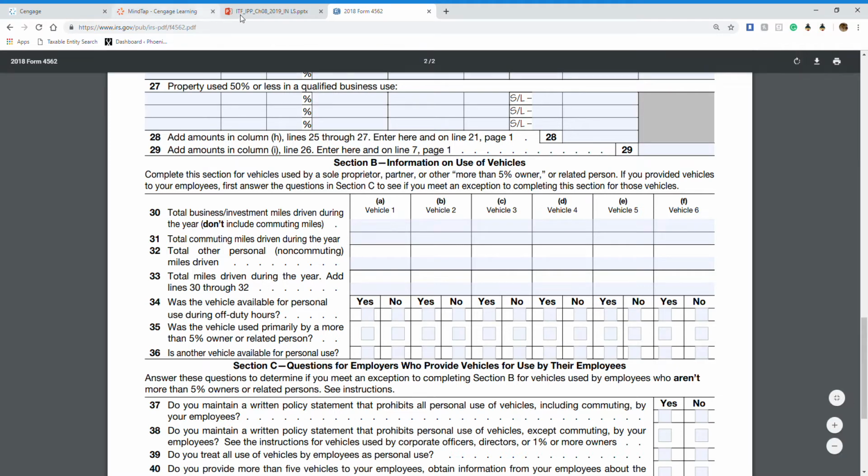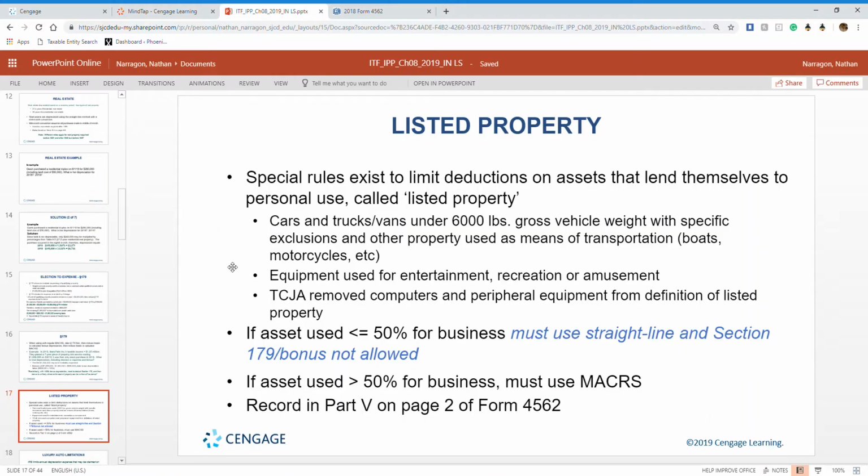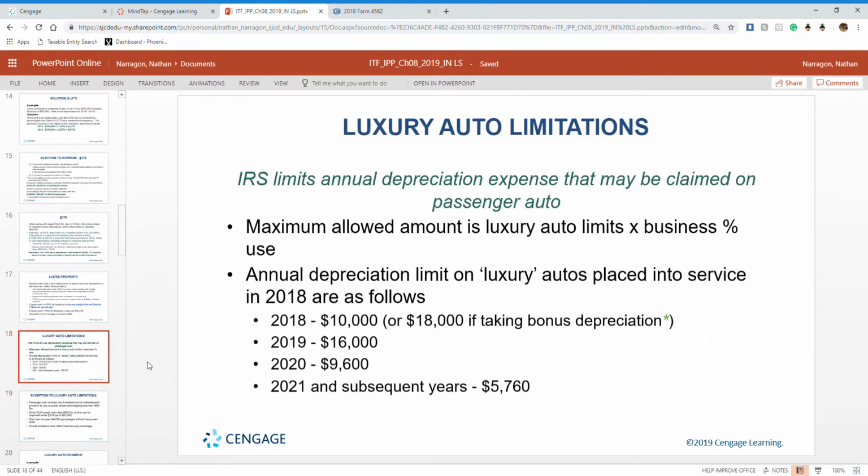Now, when we're dealing with these, again, we're going to have to deal with other limitations when it comes to autos. And we have luxury vehicles. So for luxury vehicles, the IRS limits the annual depreciation expense that can be claimed on certain passenger automobiles.